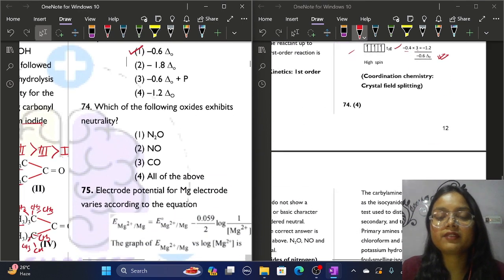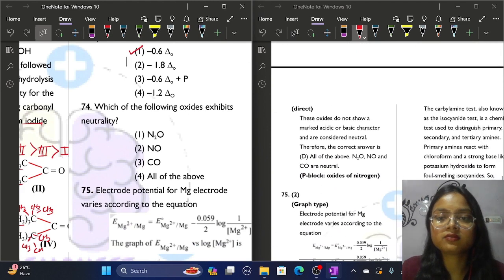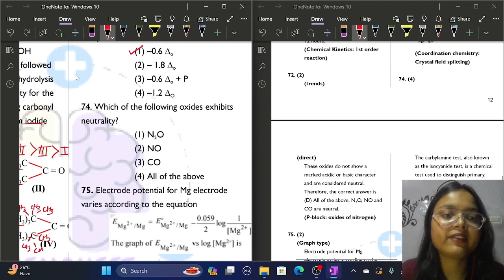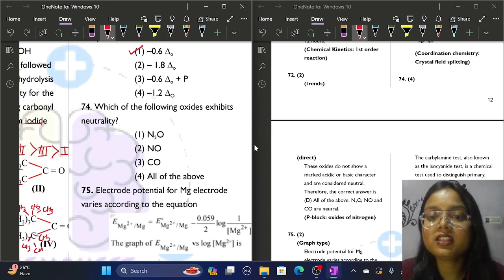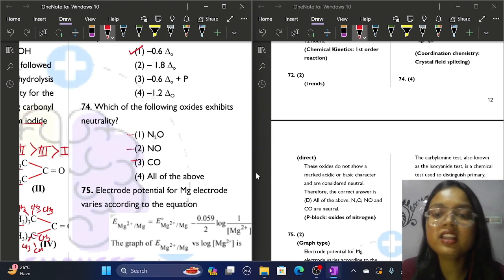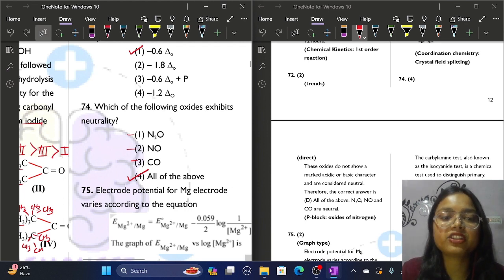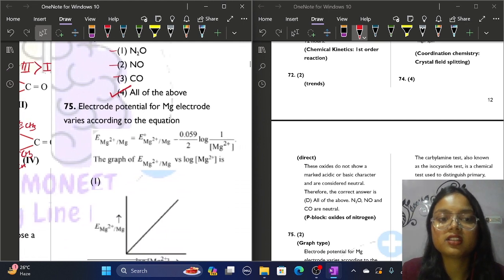For question number 74, which of the following oxides exhibits neutrality? These oxides do not show acidic or basic character, so all these are actually the neutral oxides. So the fourth one is correct, as it is a theory type question, or you can say a direct question.